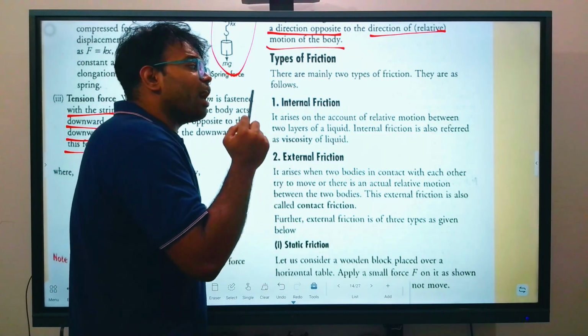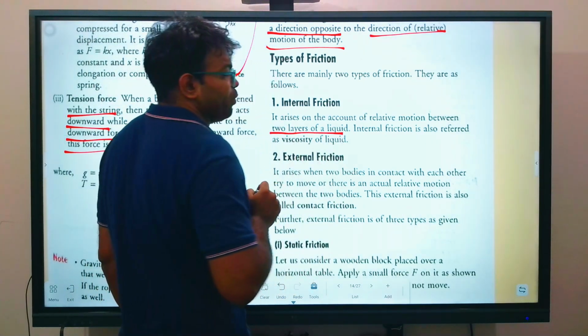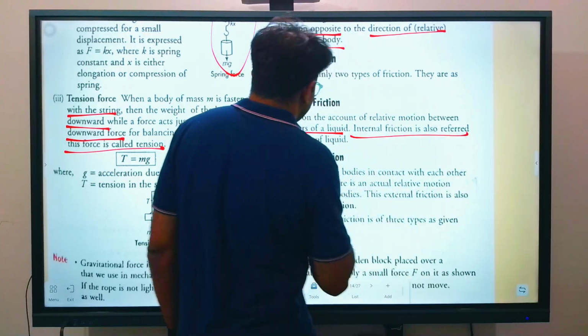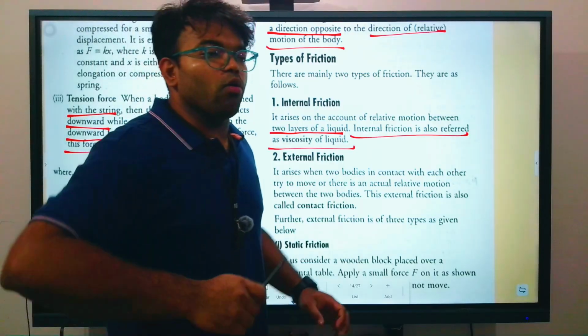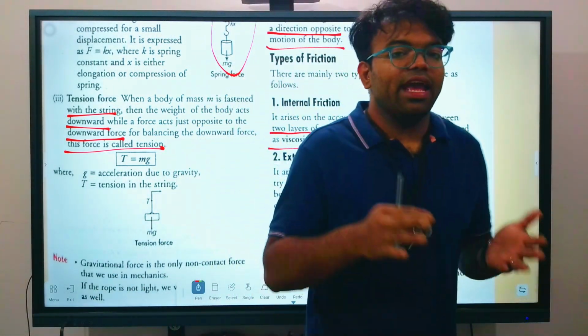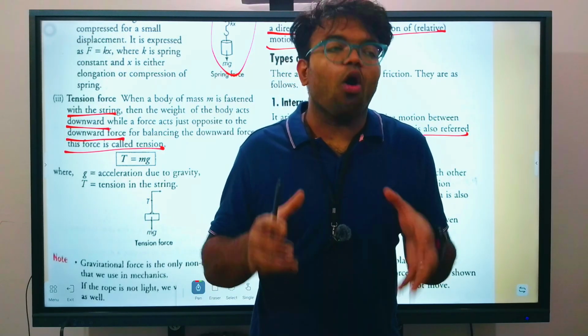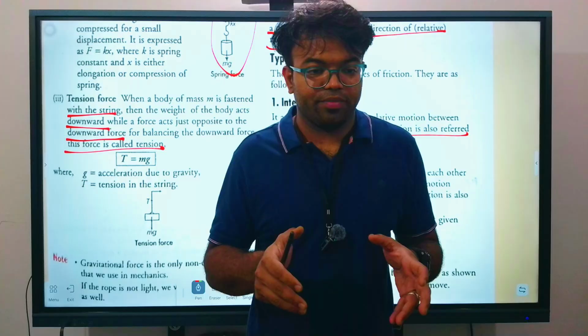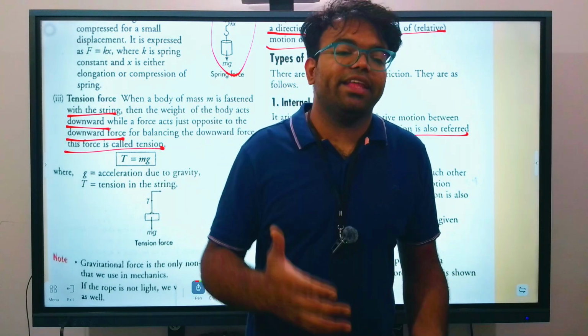Internal friction arises on account of the relative motion between two layers of a liquid. It is also referred to as the viscosity of the liquid. In a fluid, the particles do not all move with the same velocity. They move depending on which layer they are in.